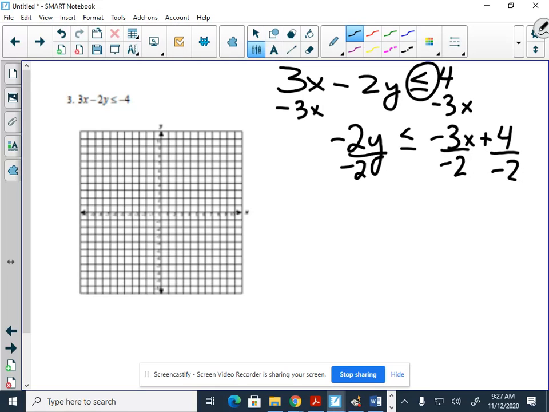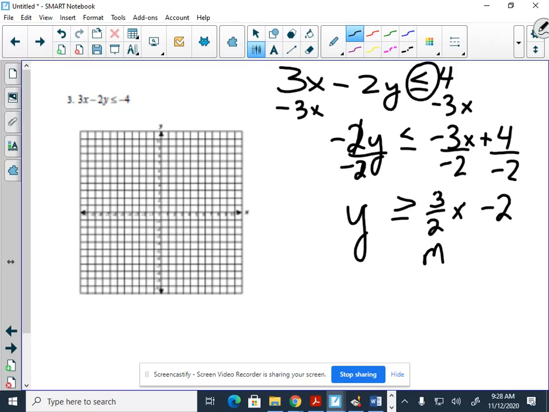First of all, a negative divided by a negative becomes a positive y, so that one changed. Secondly, this sign will flip around because you divided by a negative. This one was negative 3x, now it's positive 3 over 2x. This one was positive 4, now it's negative. All 4 signs changed. Dividing or multiplying by a negative changes all the signs, including the inequality.